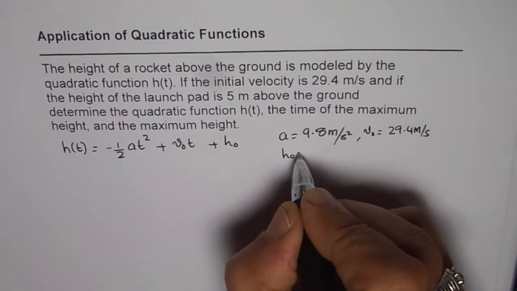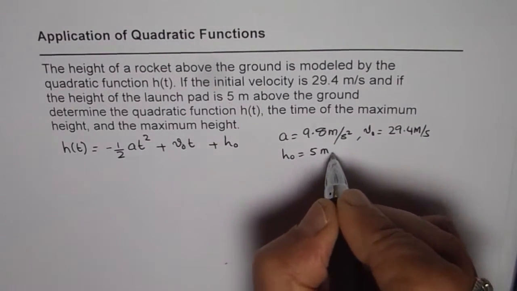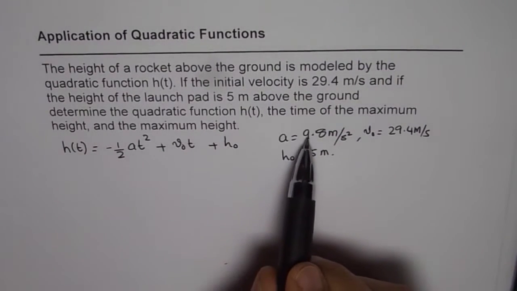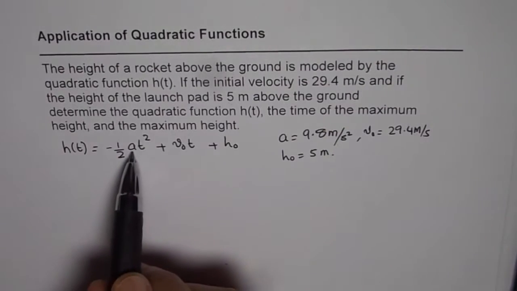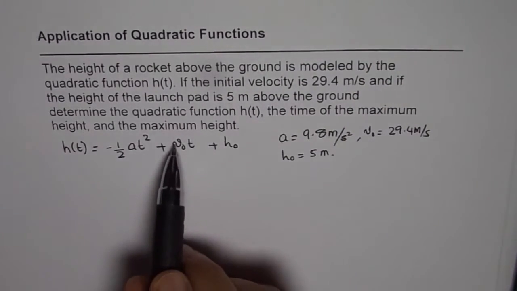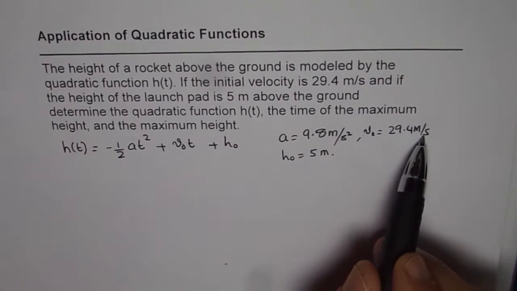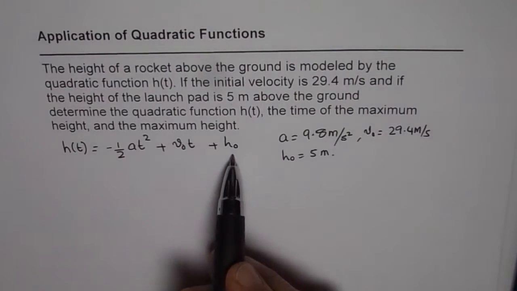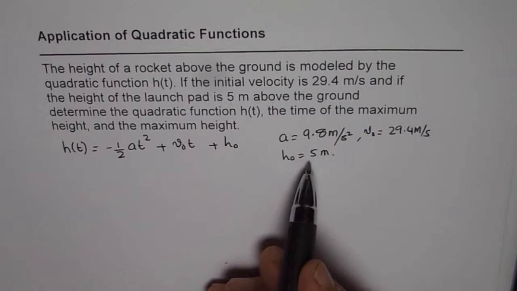So we'll write h0 equals 5 meters, right? You can check the units also. When I say 9.8 meters per second square, acceleration multiplied by t square, so second square will cancel, leaving meters. V0t is meters per second, that per second gets cancelled by time, and h0 is in meters, right? So that is the equation which you can now remember, and these are the values to be substituted.